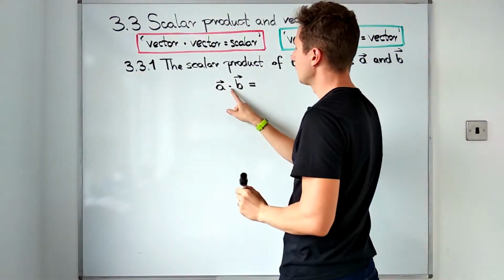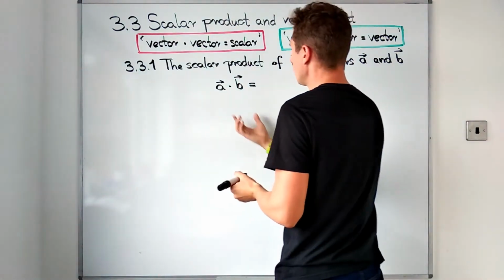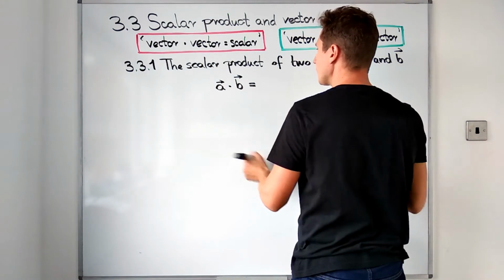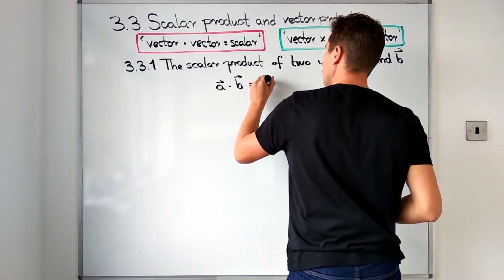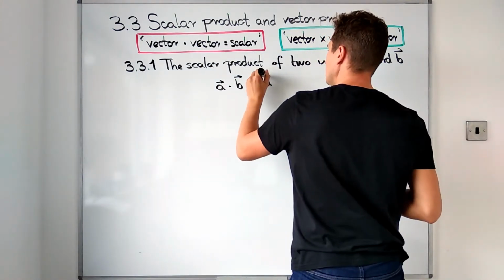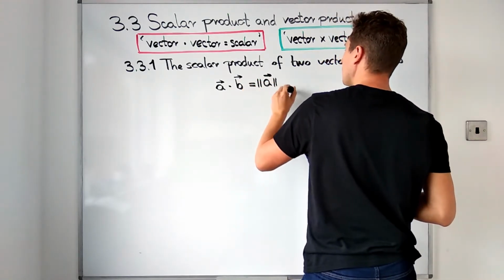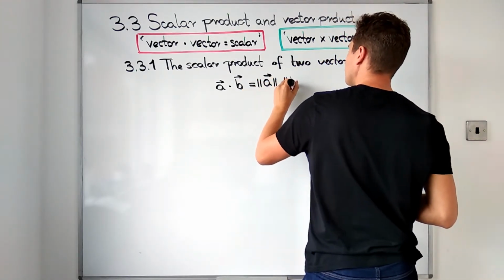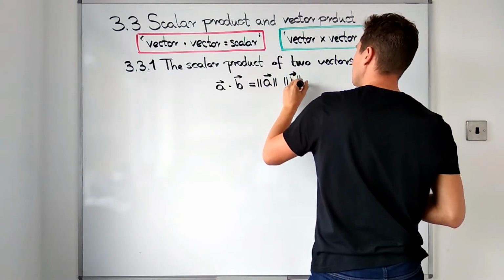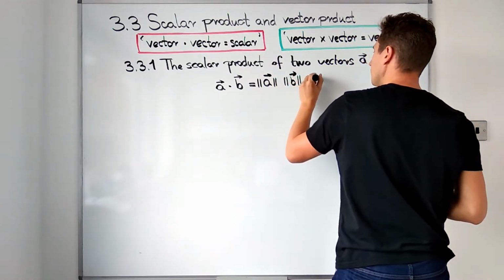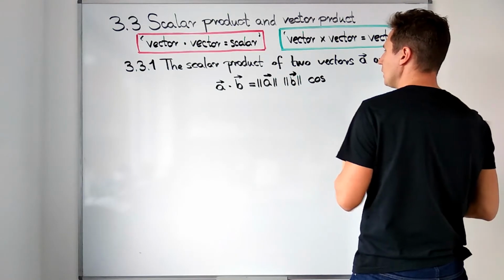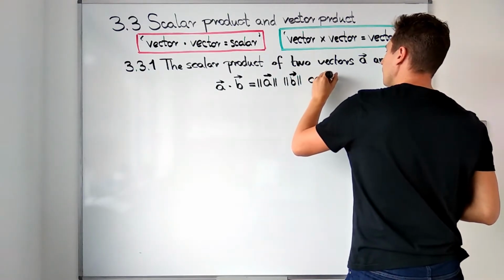This is why it's sometimes called the dot product, but we'll call this the scalar product. It's equal to the following number. It's the length of vector a, multiplied by the length of vector b, which is then multiplied by the cosine of the angle between them.